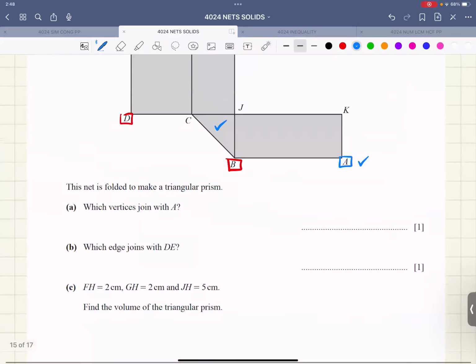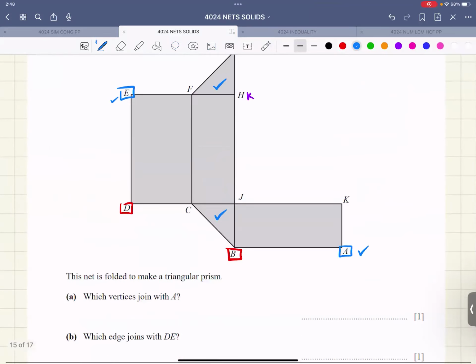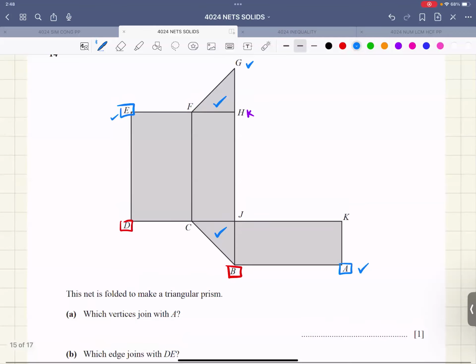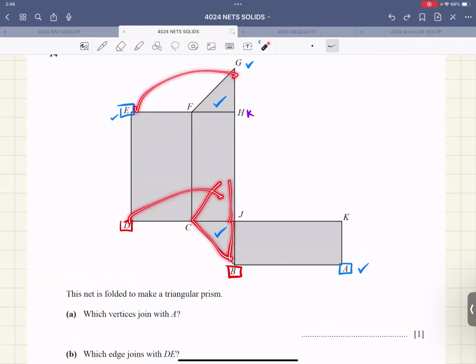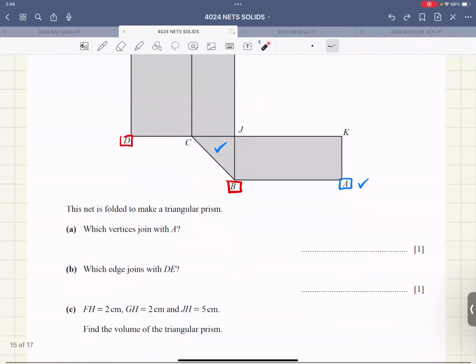And this side is joining this. So EFCD will go along this line like this. It will be folded. This will go up, like this. And this will be folded on this. This will be folded on this. And this will come from the side. So E, G, and A will all join together.